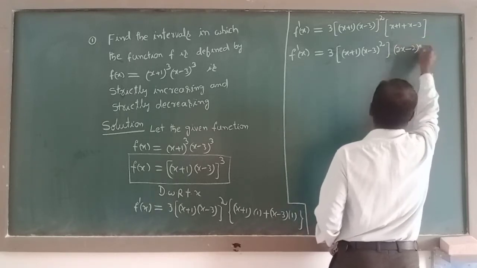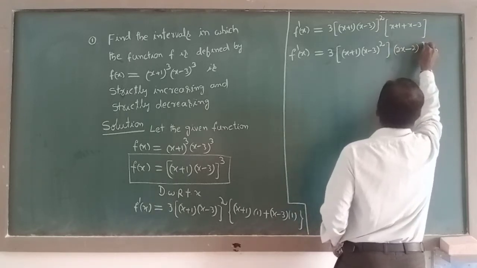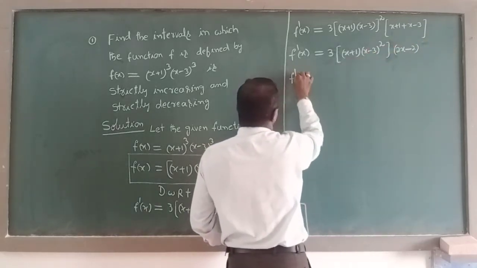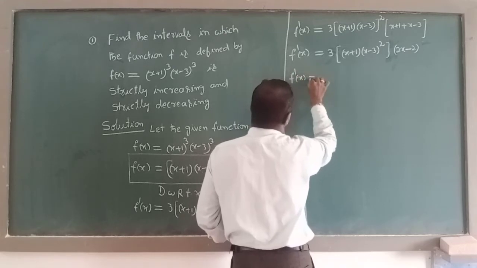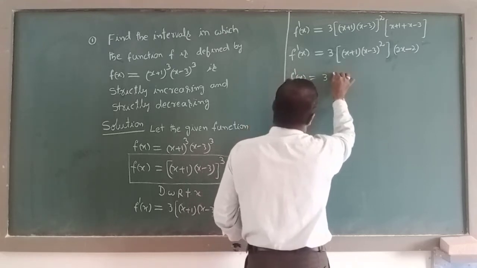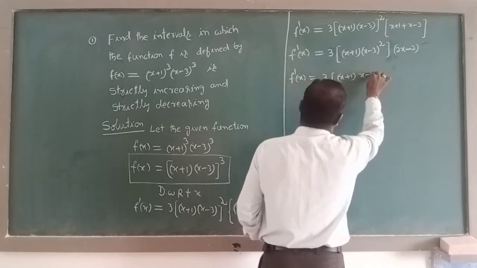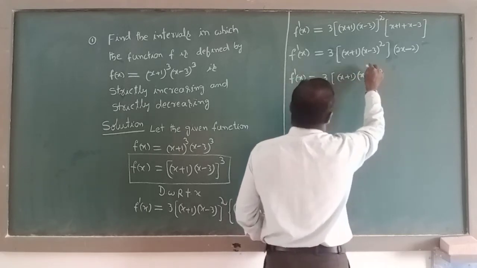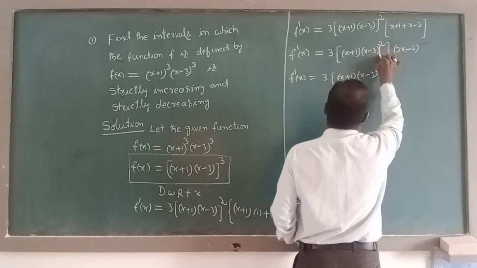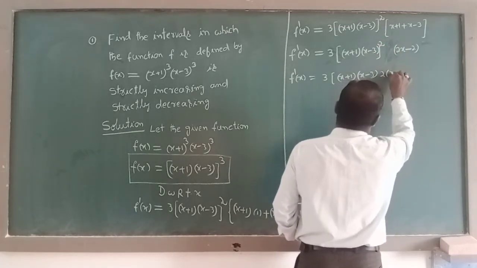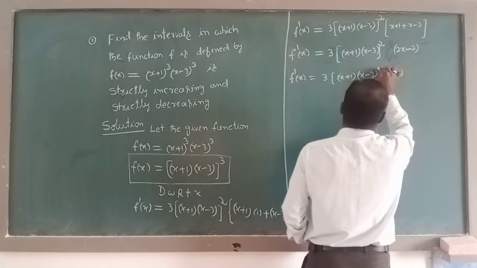Next, f dash of x is equal to 3 into (x plus 1) whole square into (x minus 3) whole square, taking 2 common, we get (x minus 1).